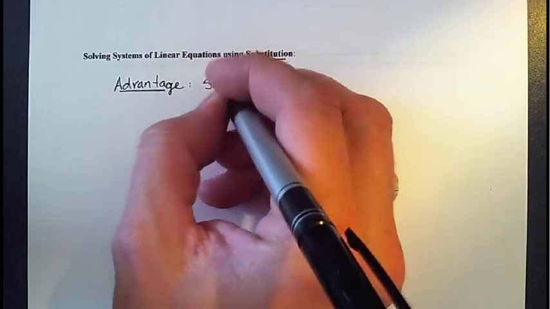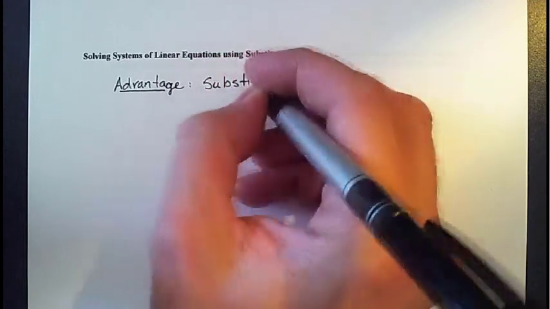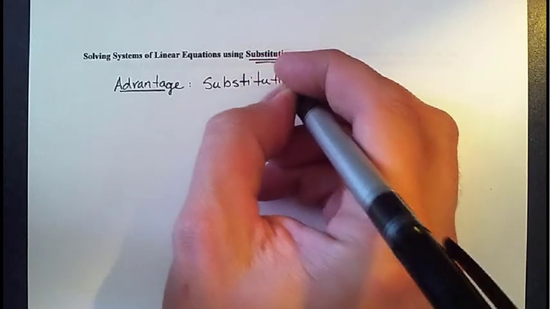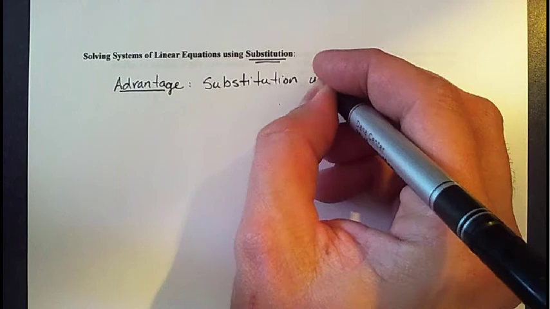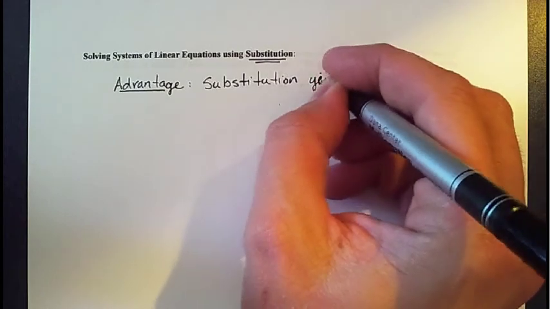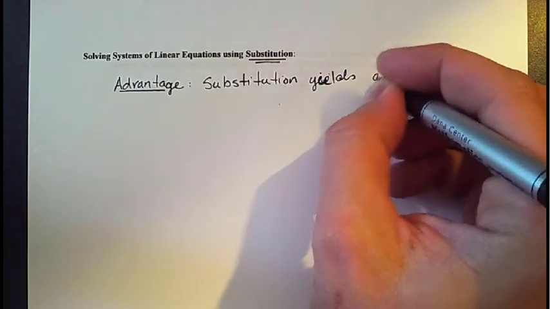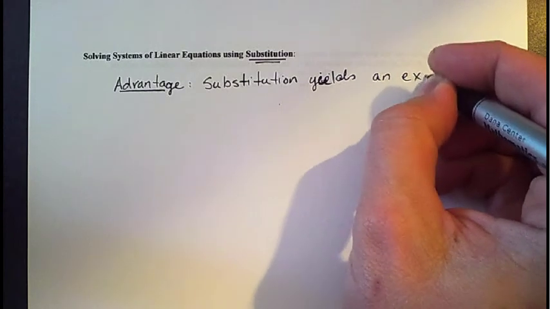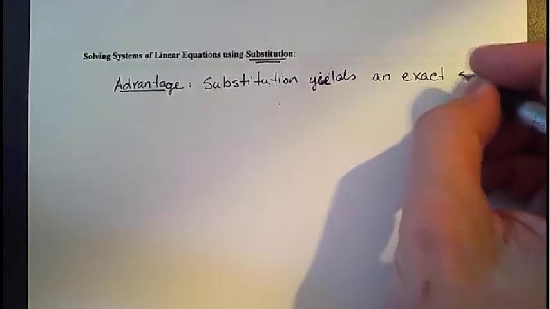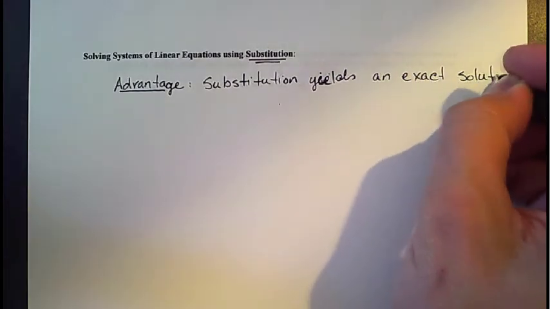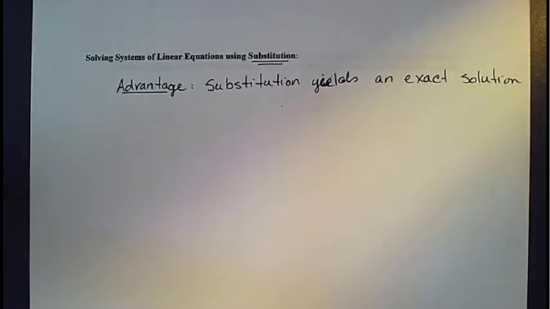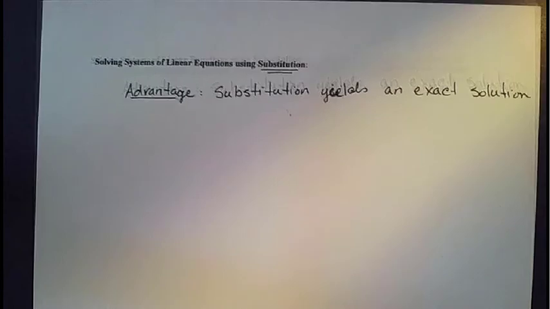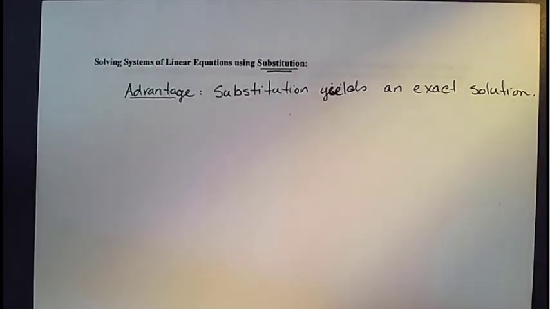Substitution yields an exact answer. Okay. Means if we get that it crosses at 1/3 or 2/3 or whatever, that's okay because we know exactly where it's going to cross.